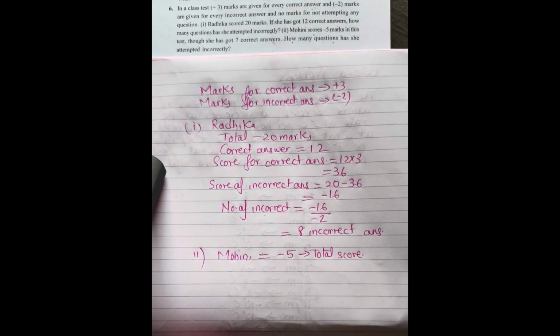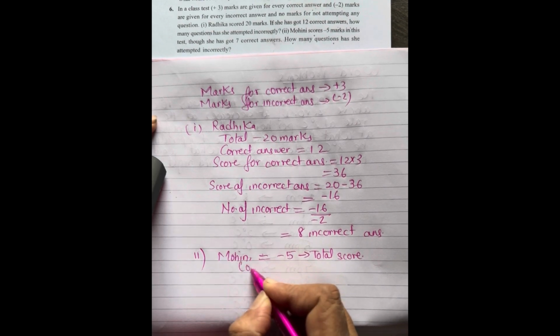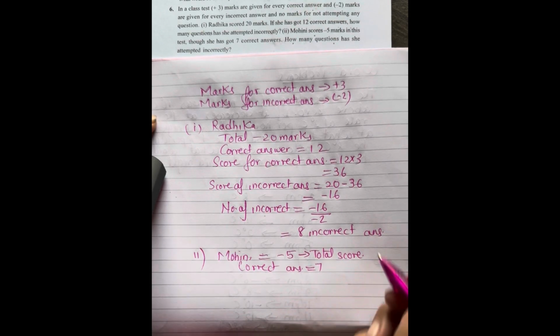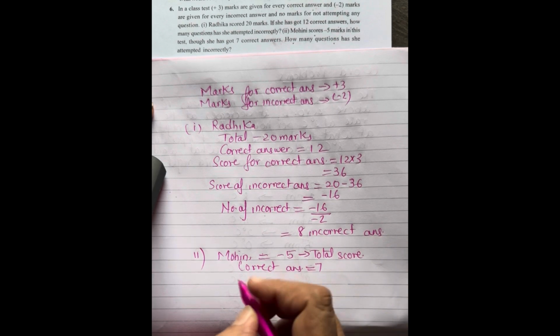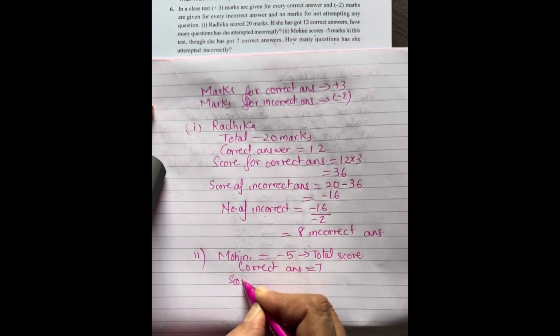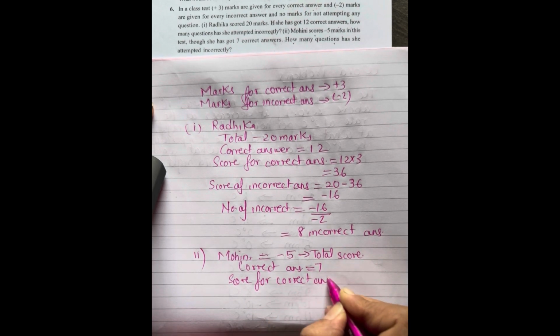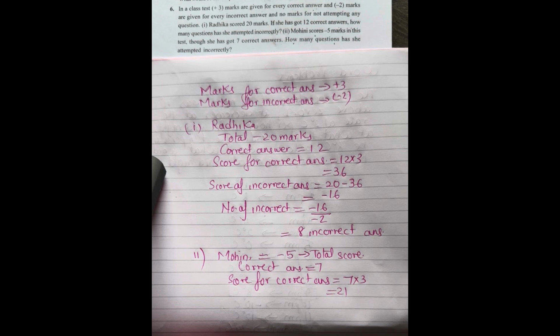Right? So let us see. Correct answers are 7. And how many marks do we get for a correct answer? It is 3. So the score for correct answers is 7 multiplied by 3. So 7 threes are 21. She should get 21 marks. But she has given wrong answers also. So let us see what we'll do again to get the score of incorrect answers.